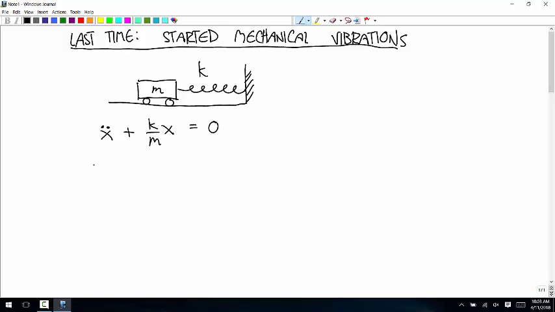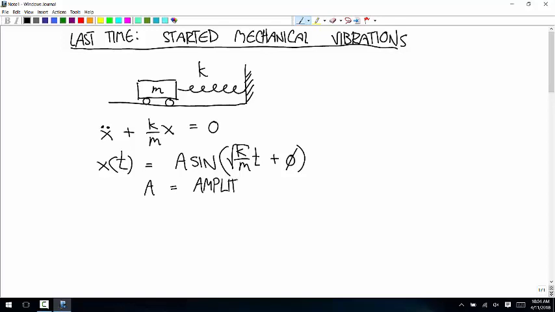And the solution was a function x of t that's equal to a times the sine of the quantity square root of k over m times t plus phi, where a is the amplitude, square root of k over m is the natural frequency.